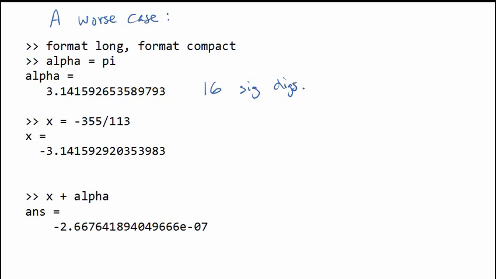Then there's a rational number approximation that's better than 22 over 7. I'm going to subtract this number from pi, so I'll make it negative. And you see it agrees with pi to about 1, 2, 3, 4, 5, 6, 7 digits.